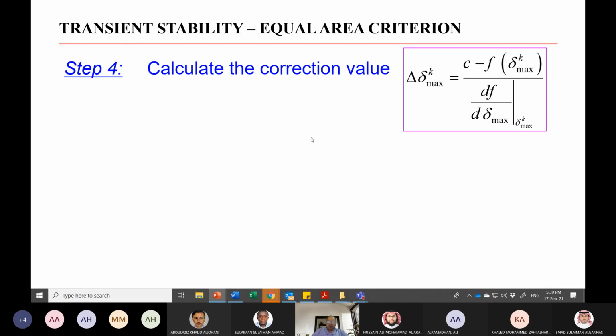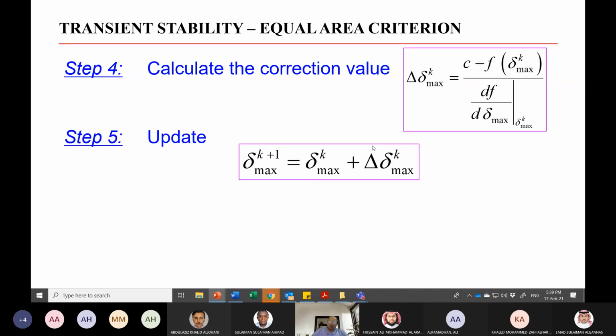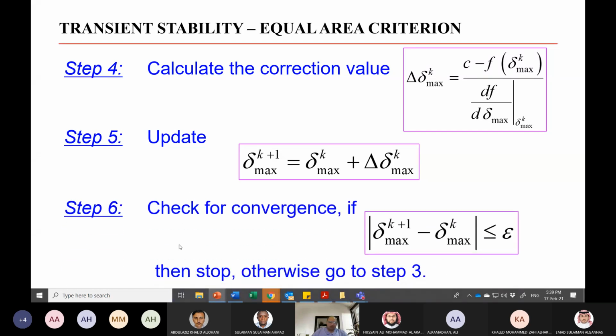So you can correct delta max by adding this correction for the new iteration, and then iterate and check for convergence. If the difference between delta max in two successive iterations is less than or equal to epsilon, a very small tolerance, then you can stop.